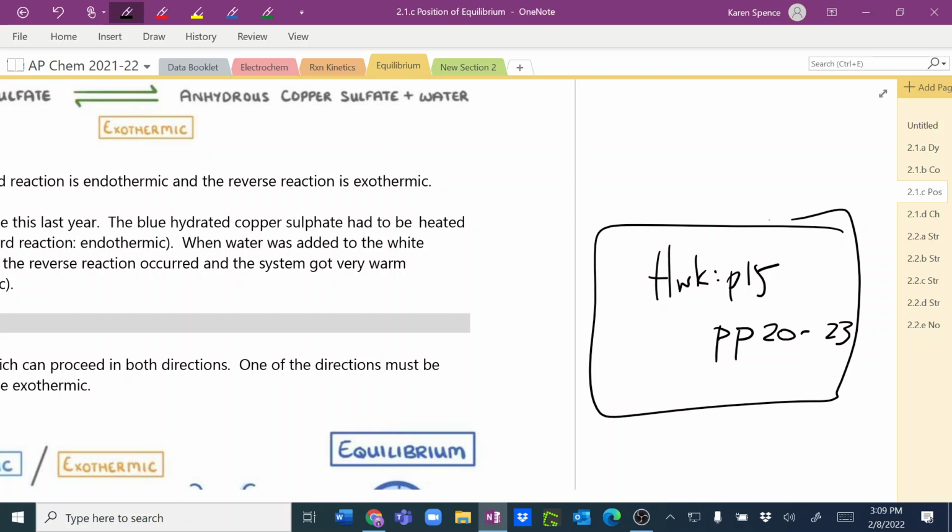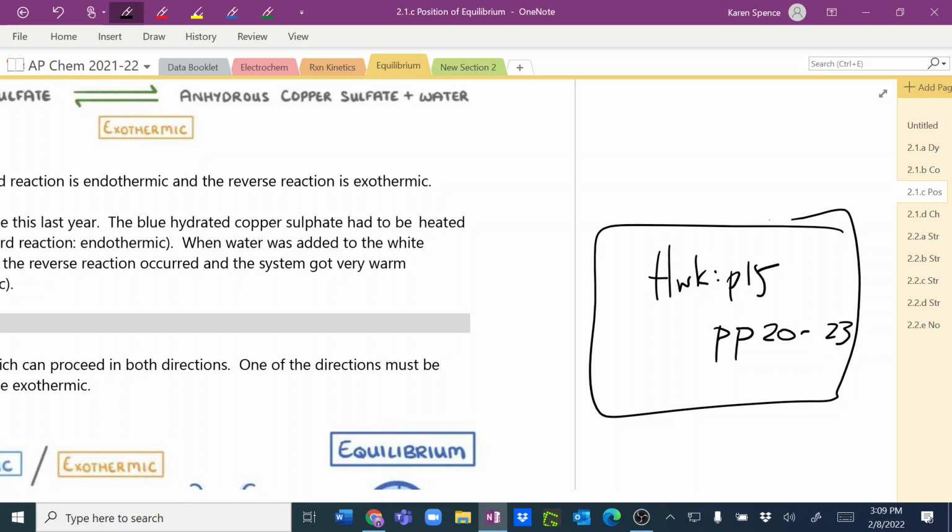Temperature. Where's temperature? Stress, changing temperature. And like I said, it doesn't matter whether you put this in the reactants or the products, okay?